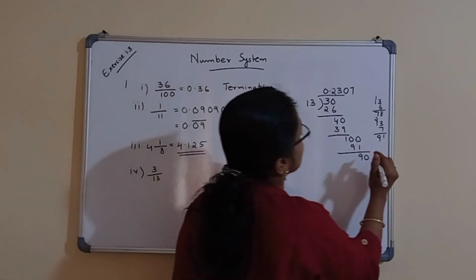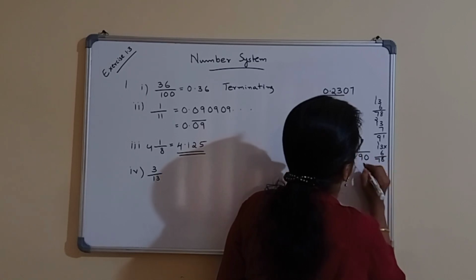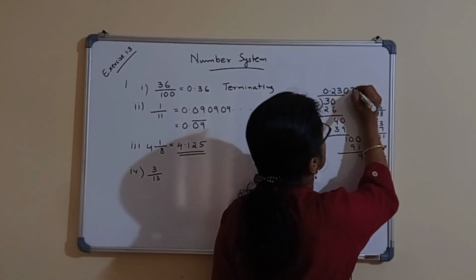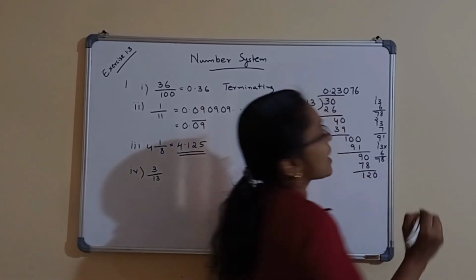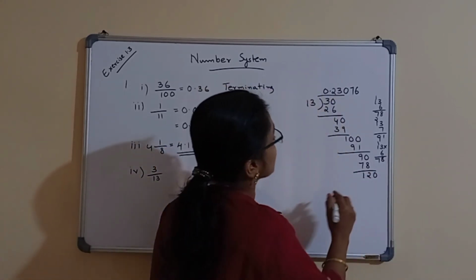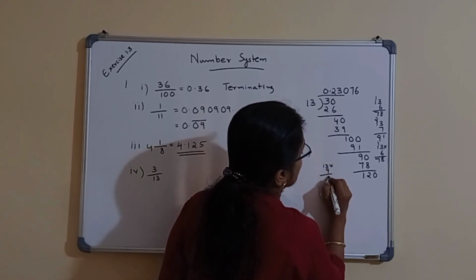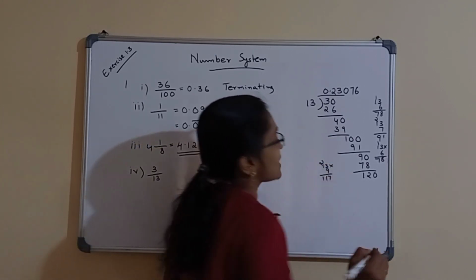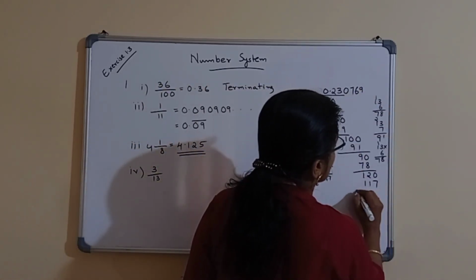In 90, 13 will go 6 times, 13 into 6 is 78, and 12 remainder. And in 120, 13 will go 9 times, 117.